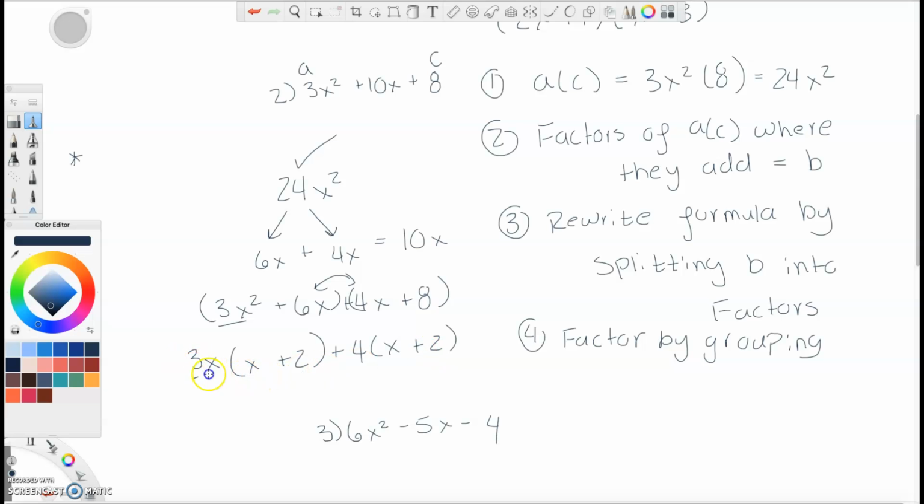Remember, we can take this term and this term to make one of our factors: 3x plus 4, and our other term is x plus 2. So our total factors are going to be 3x plus 4 times x plus 2.